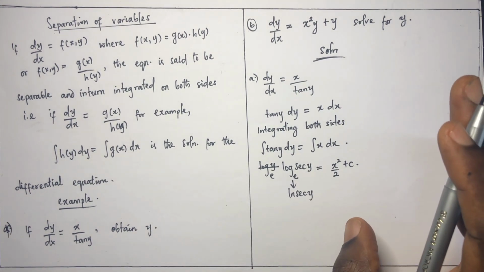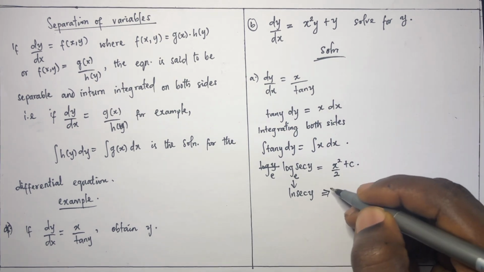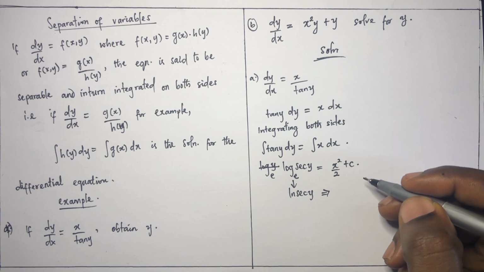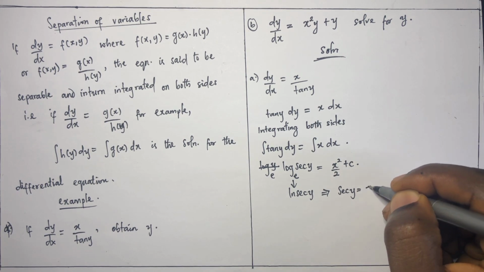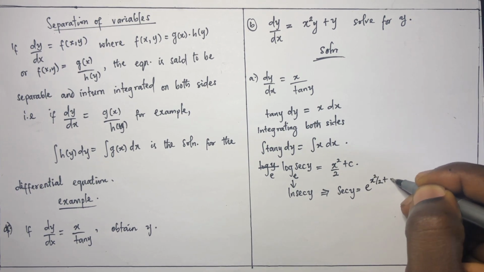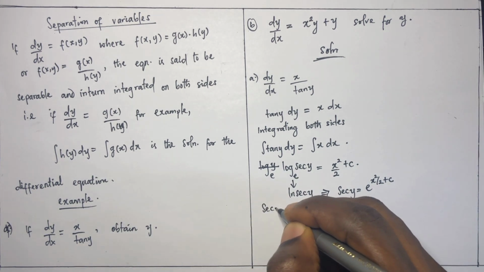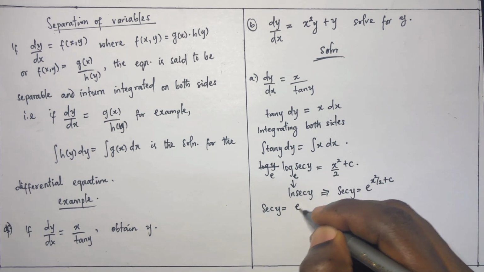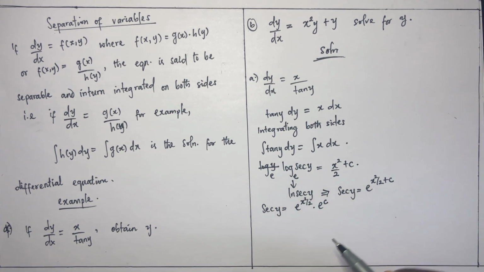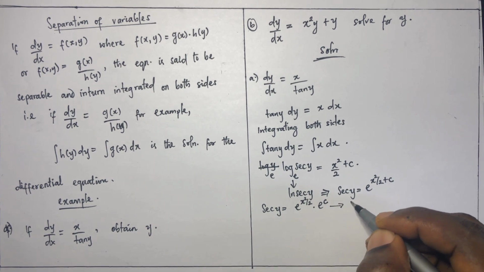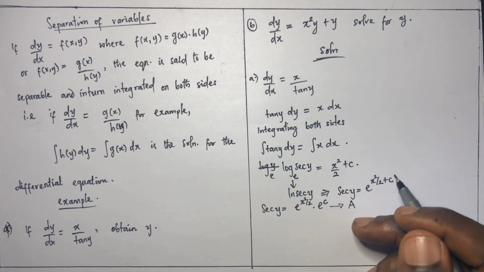We want to make y the subject. Taking the natural antilog of both sides, we have sec y equals exponential of x squared over 2 plus c, so sec y equals exponential x squared over 2 times exponential c, by the law of indices. This exponential c is a constant, so we can denote it with a.